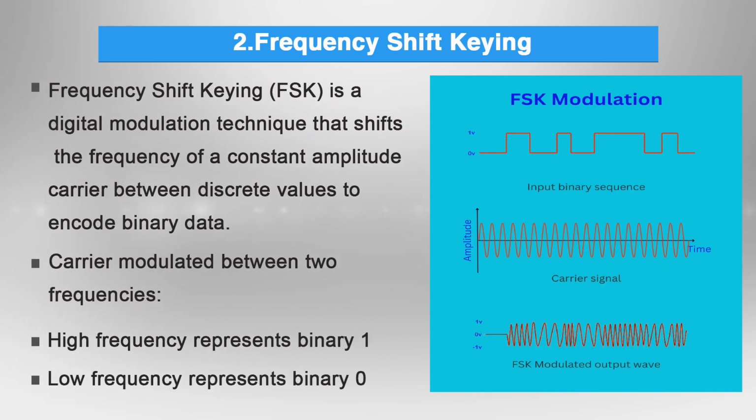Again, it's high frequency and low frequency. In case of high frequency, it is represented by binary 1 and low frequency represents binary 0. Frequency shifts encode binary message signals. Demodulation detects frequency levels to recover the digital messages.